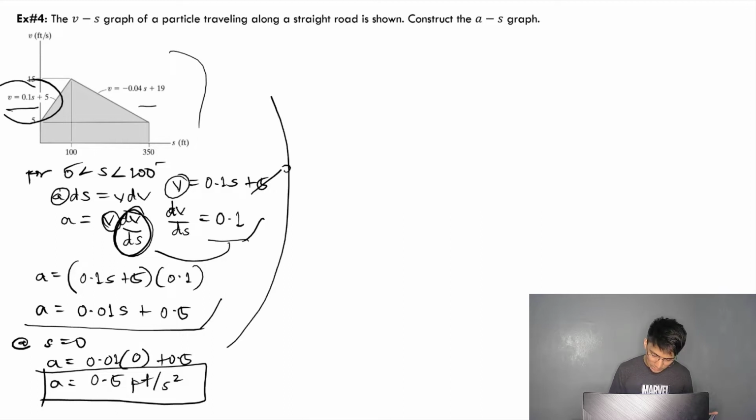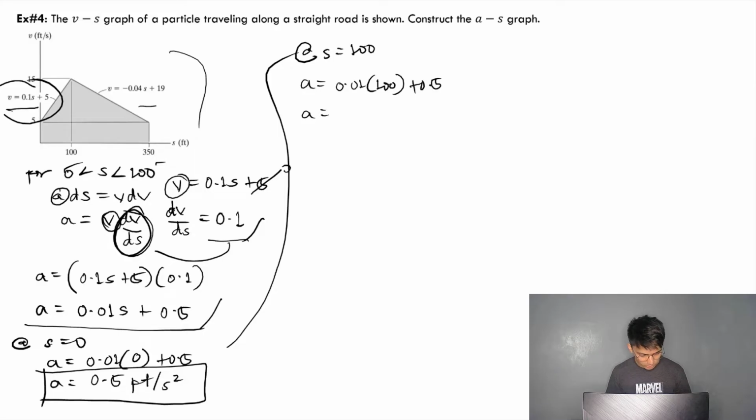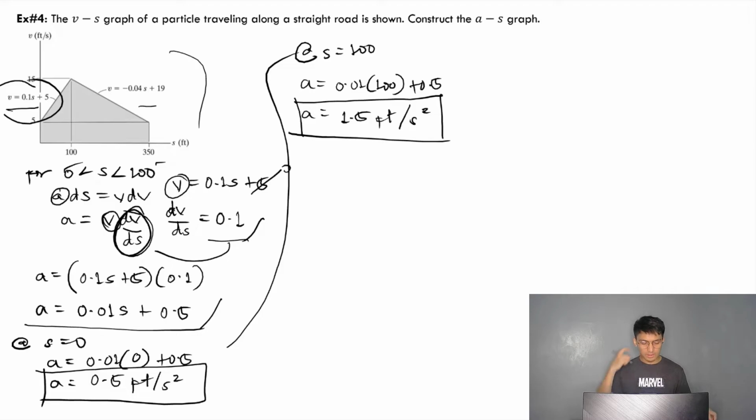And now, dito natin lagay at s is equal to 100. So, acceleration is equal to 0.01 times 100 plus 0.5. Acceleration now is equal to 1.5 feet per second square. So, ayan ang ating value.